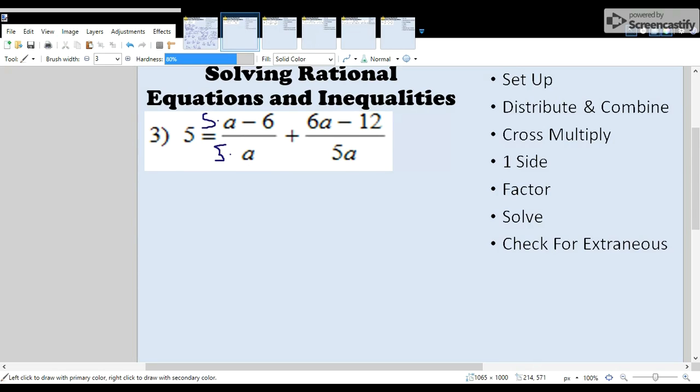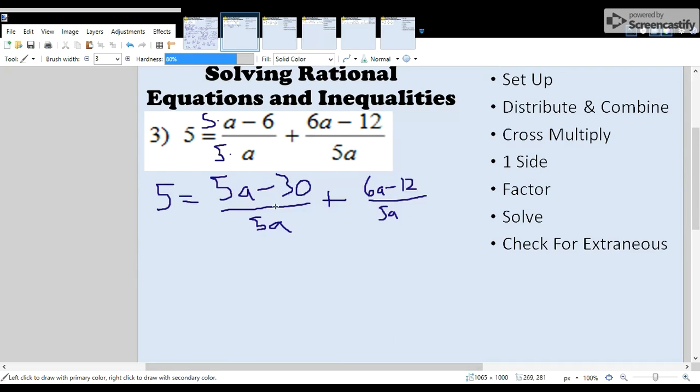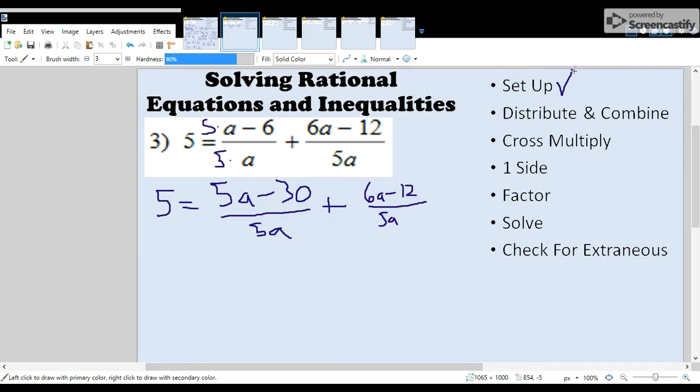So once we go ahead and distribute the 5 and write those out, we should get this. So we're done with step 1. Step 2, we're going to distribute and combine like terms. There's no negative sign, so there's no distributing.